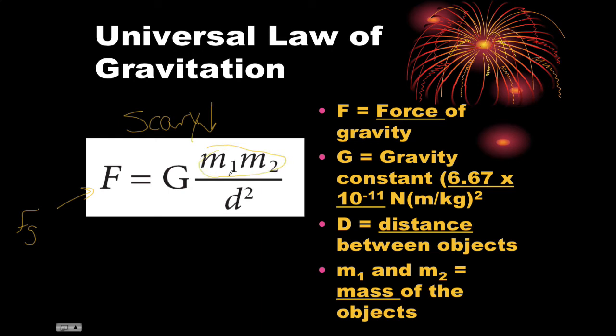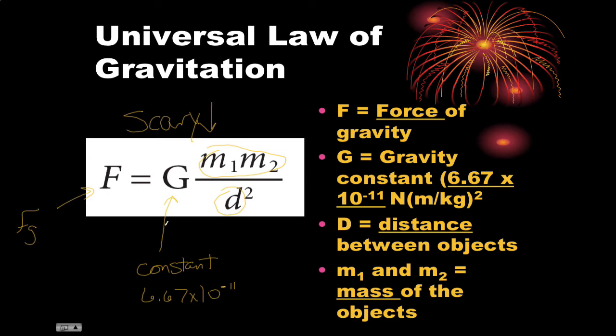We have the mass 1, mass 2, because we have two objects, and then we have the distance between them. Okay, so we've got the two things that we need, right? However, since we're dealing with gravity, we have to have this constant, this gravity constant. Now that gravity constant is a very tiny number. It's 6.67 times 10 to the negative 11. Holy cow, that's a small number.